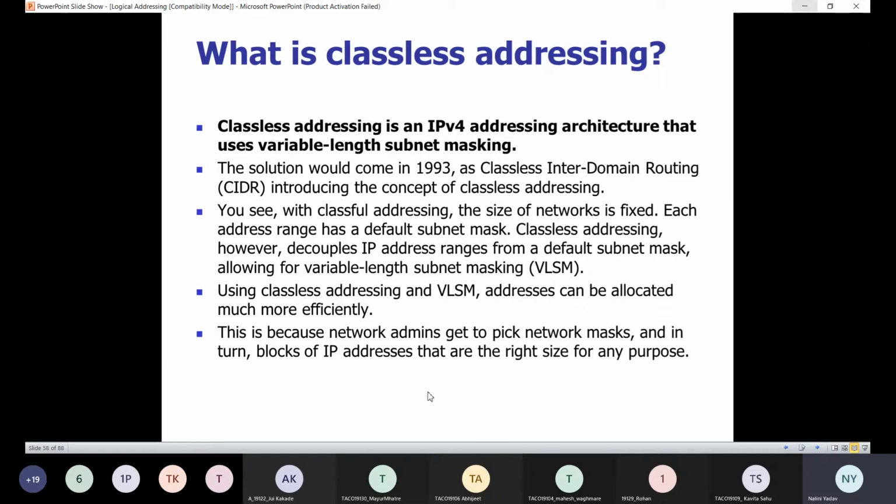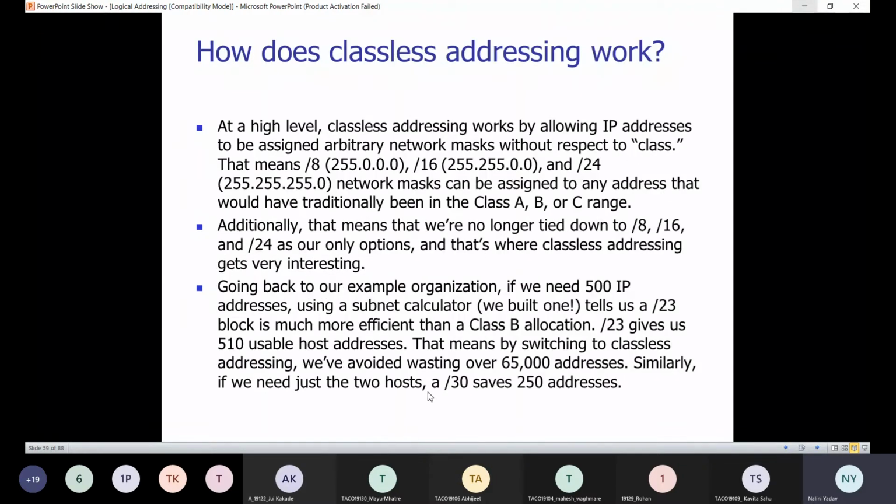Using classless addressing and VLSM, addresses can be allocated much more efficiently. Why is this so? Because the network admins get to pick a network mask, and in turn blocks of IP addresses of the right size are returned to that IP provider. So this is how classless addressing works.